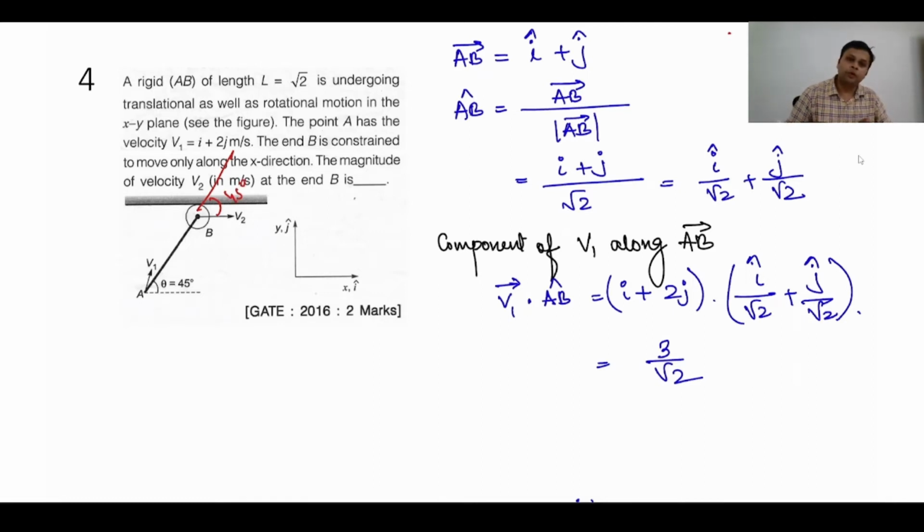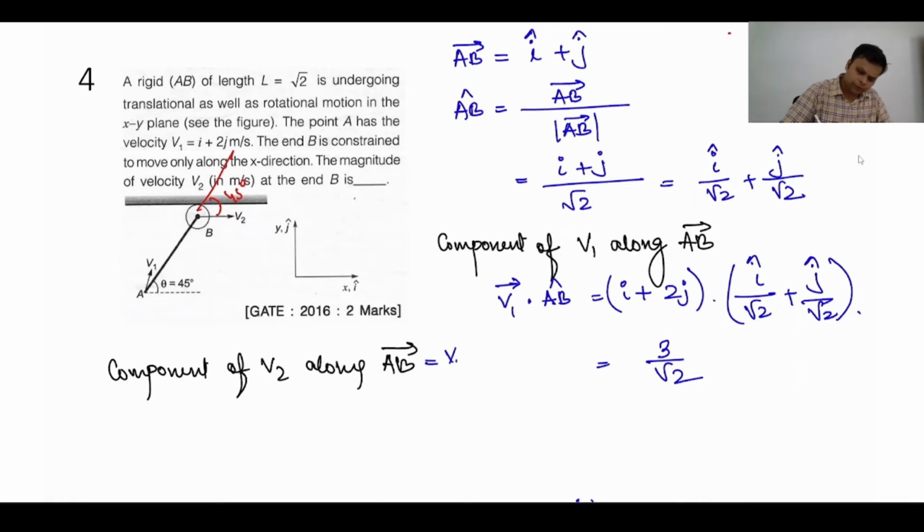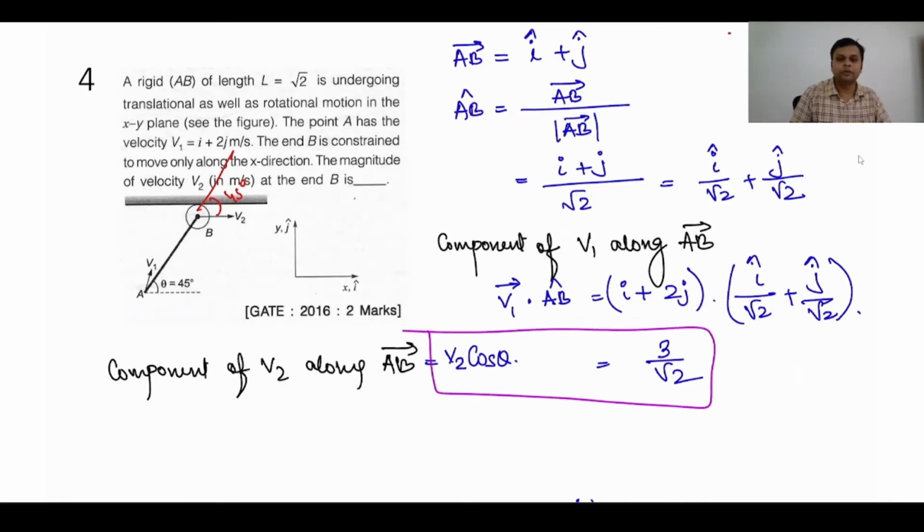So what is the component of V2 along AB? Component of V2 along AB is nothing else but V2 cos theta. Now these two quantities have to be equal, as we know from rigid body dynamics, right?